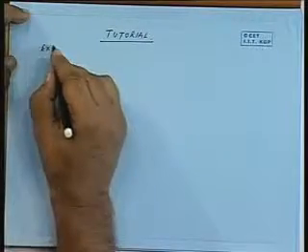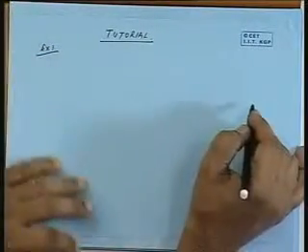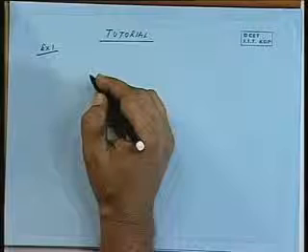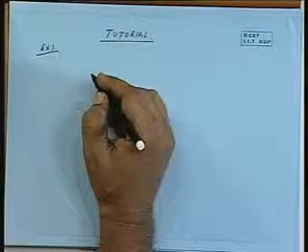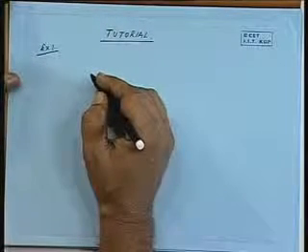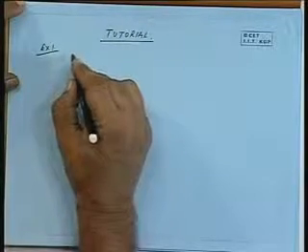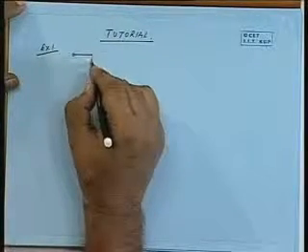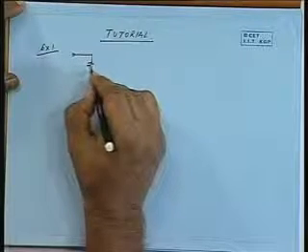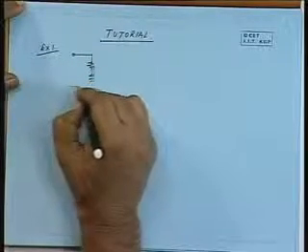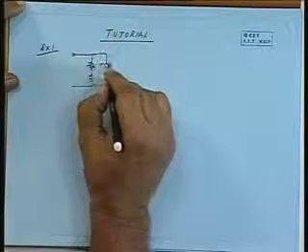We will take up an example on pole zero distribution and computation of network parameter values from the pole zero distribution. First question is, you are given a circuit like this.